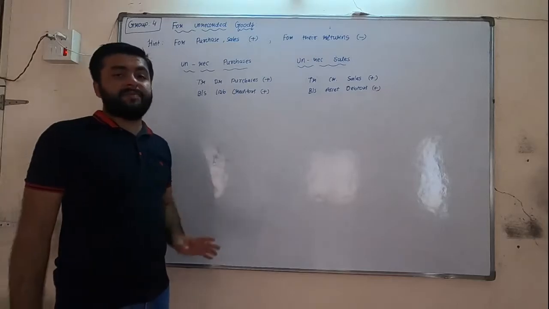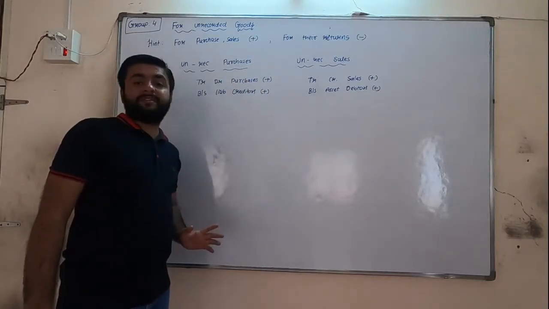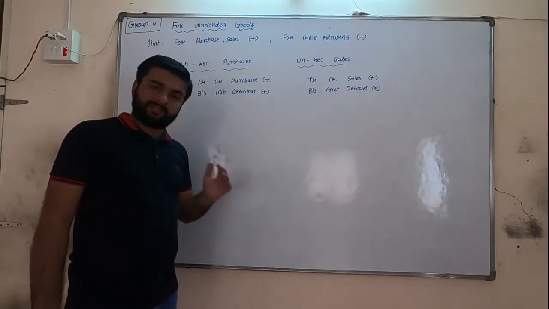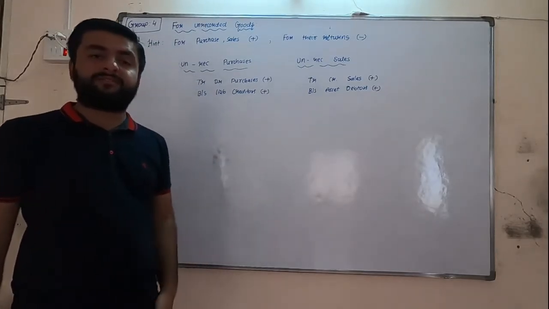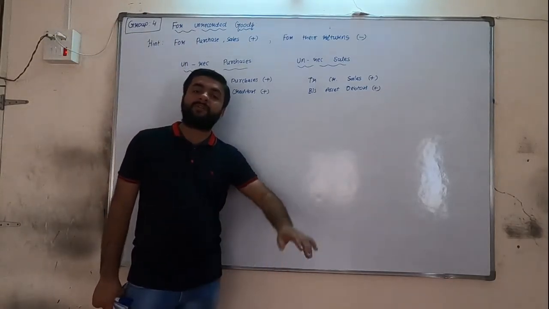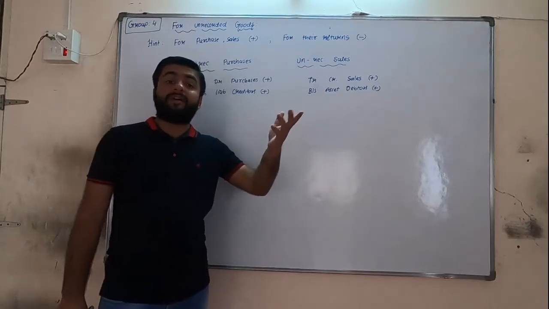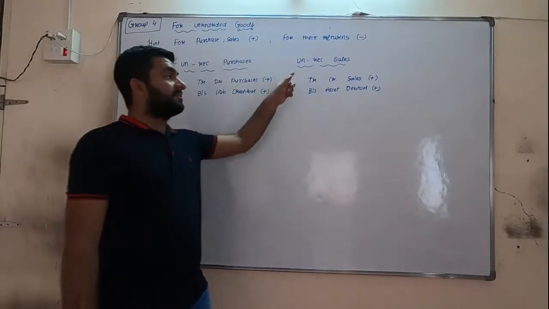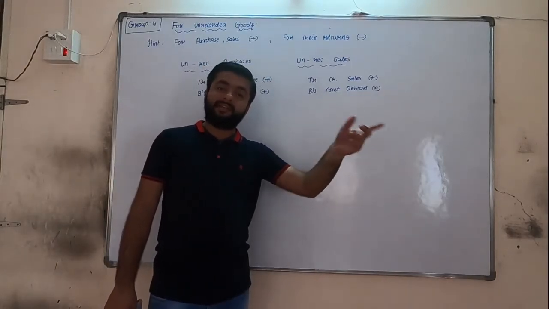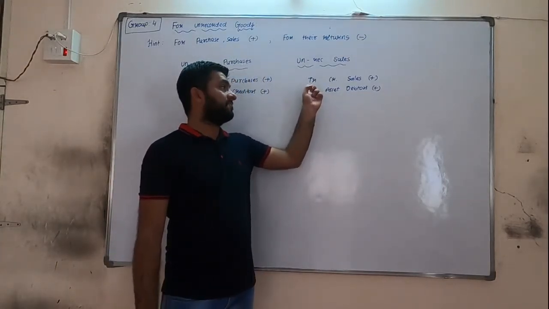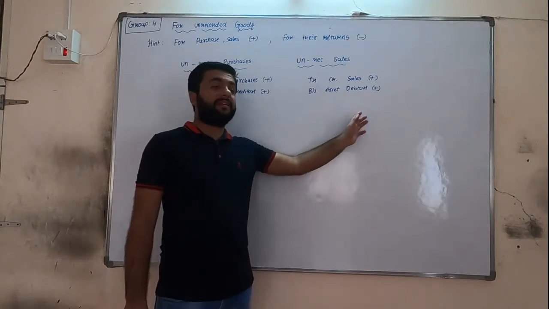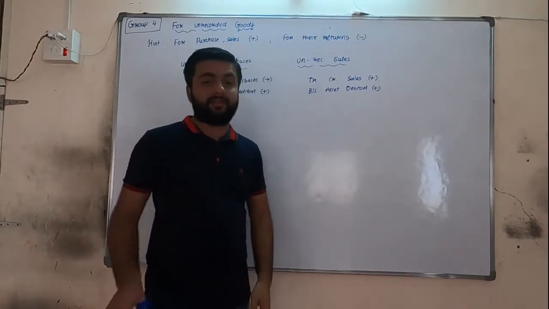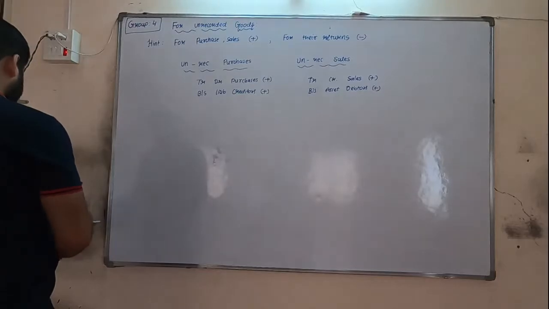The purchases are on the debit side, so trading account debit side, purchase plus and creditors plus. In a simple way, unrecorded purchase means purchase plus creditors plus, shown on the trading account debit side and balance sheet liability side. In the same way for unrecorded sales, sales plus debtors plus, where sales are shown on the trading credit side and debtors are shown on the balance sheet asset side.